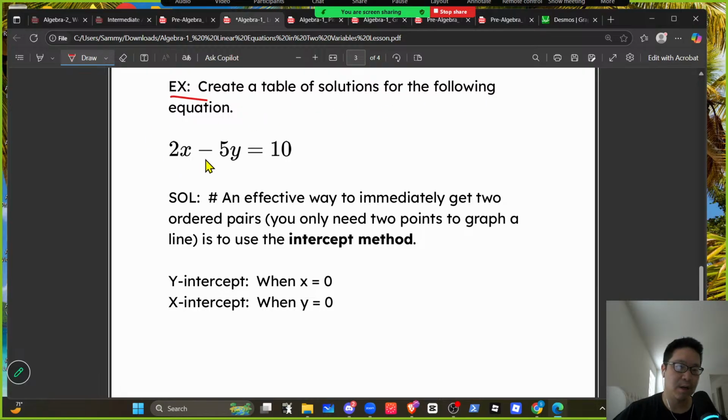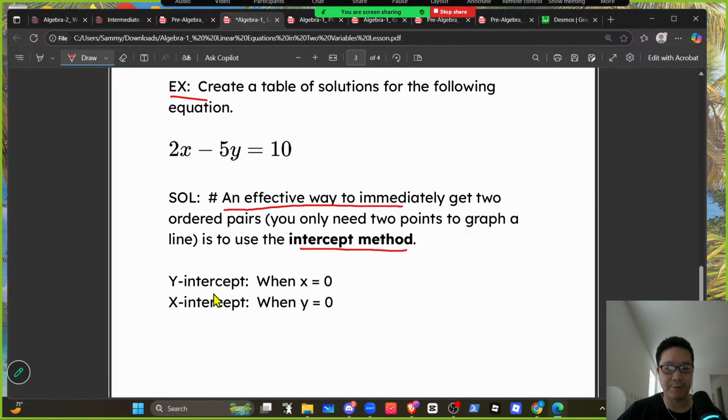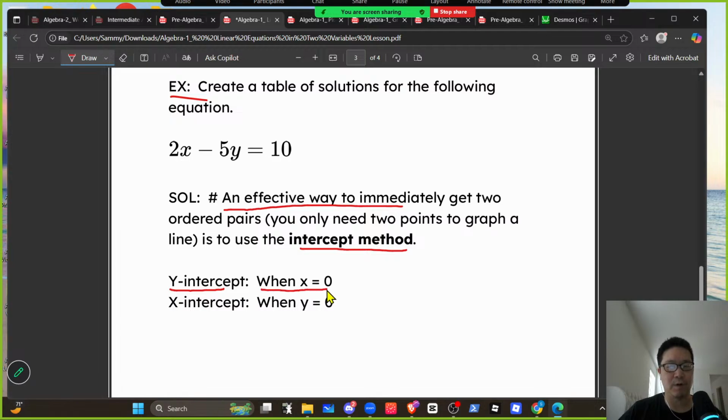We have 2x minus 5y equals 10. And an effective way to just get the first 2 points of any equation is to use the intercept method. That's when you plug in zeros for each one of these and solve for the other. So as a reminder, what is the y-intercept? Well, it's when x equals 0.